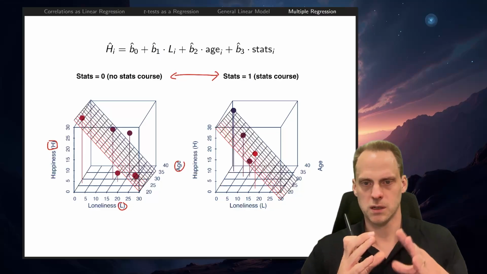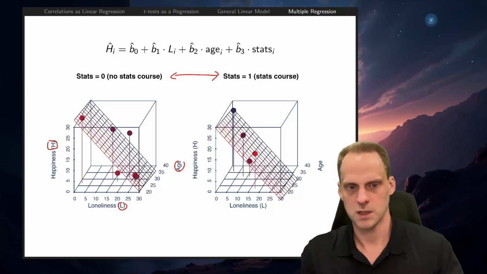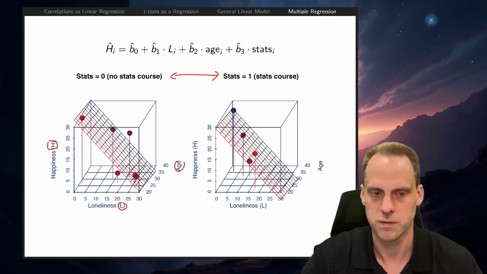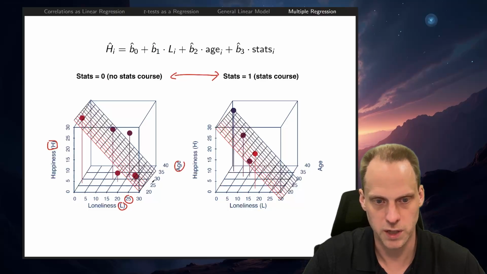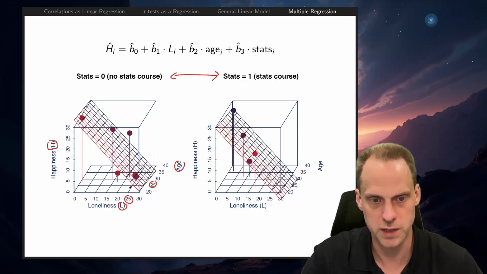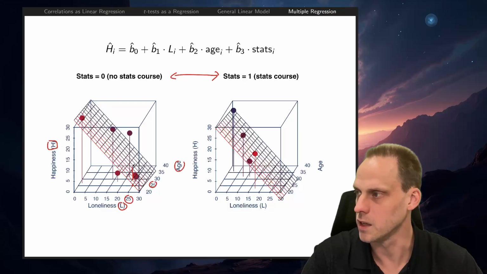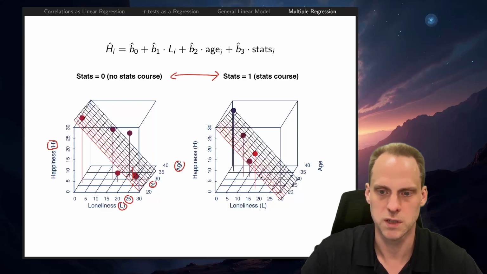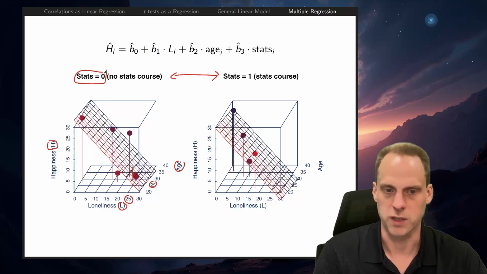It's more like a plane, like a surface. A bit hard to interpret, but for each of these points, you can calculate a predicted value. In this case, if you have a 25 on loneliness and a 25 on age, you would predict to be somewhere here in this line. It's hard to see because it's a 2-dimensional screen, of course. And then, of course, also if you have no stat scores.